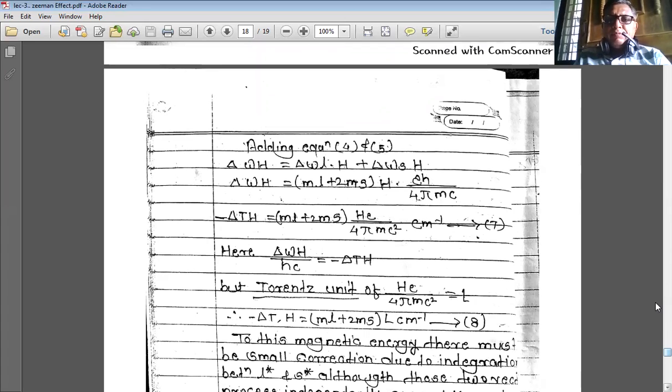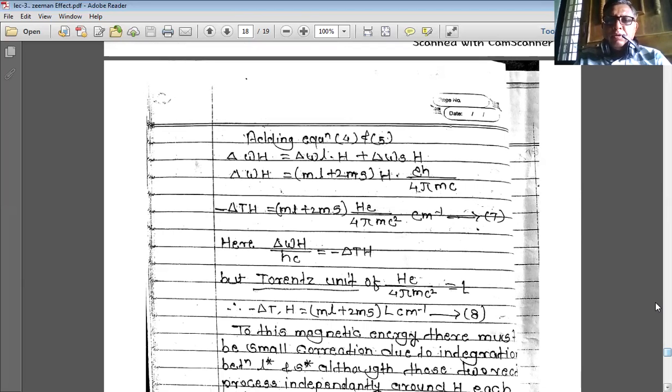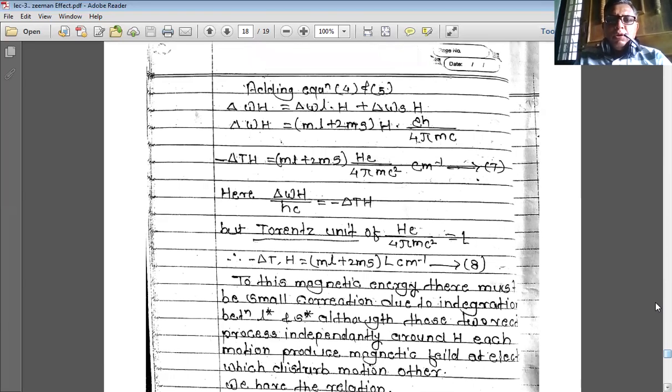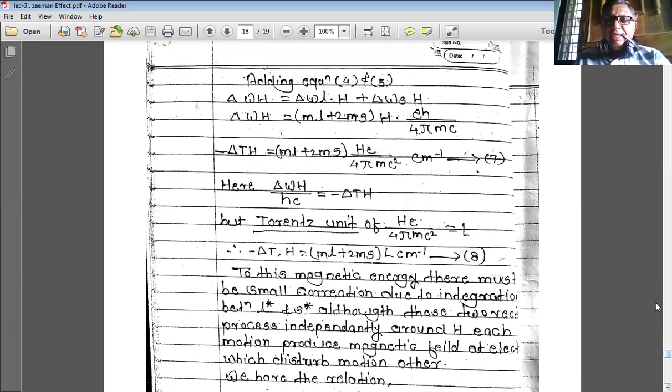Okay, and this H is equal to this. Now to this magnetic energy there must be small corrections due to the interactions between L star and S star.